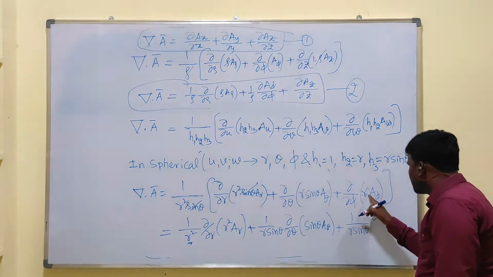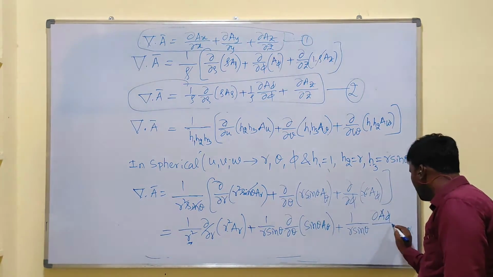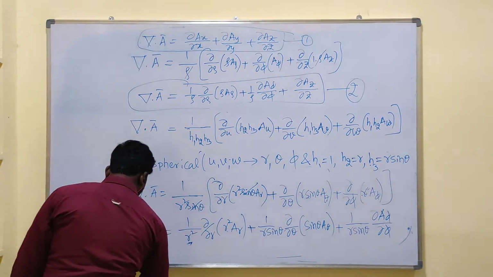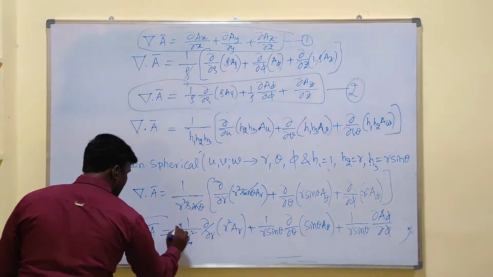It is cancelled. Remaining is what? ∂A phi by ∂phi. This is del dot A in the spherical coordinate system.